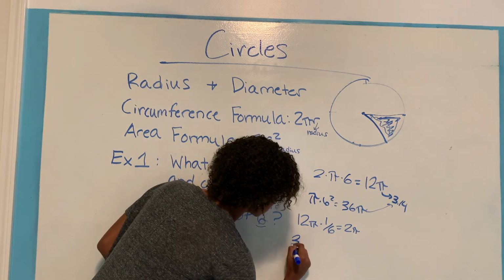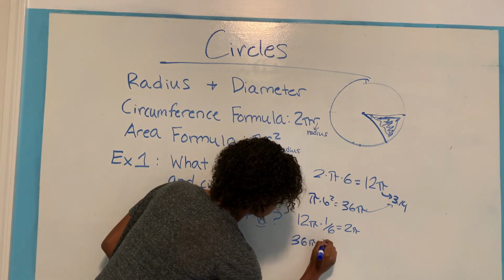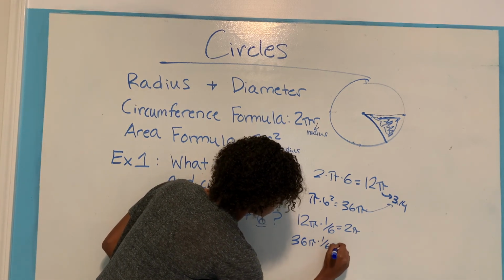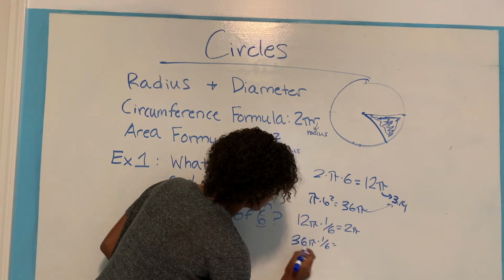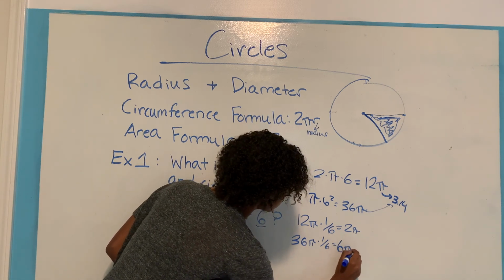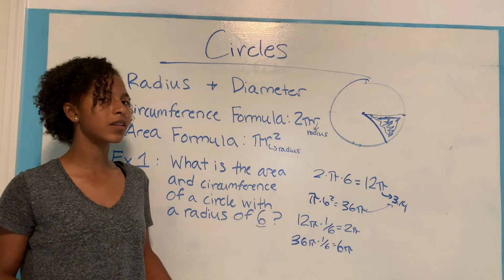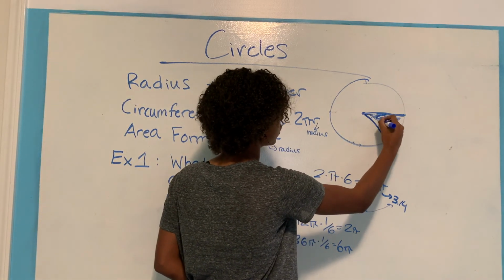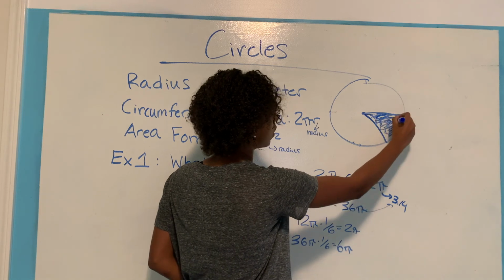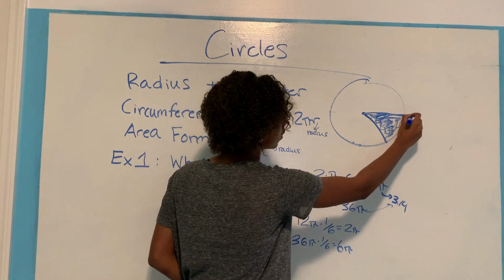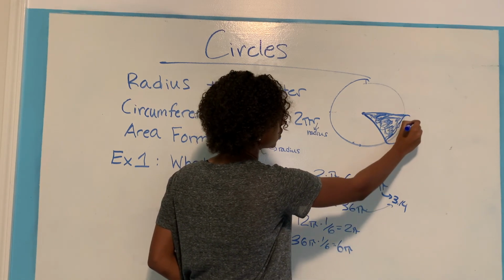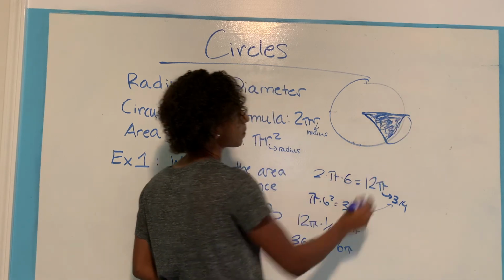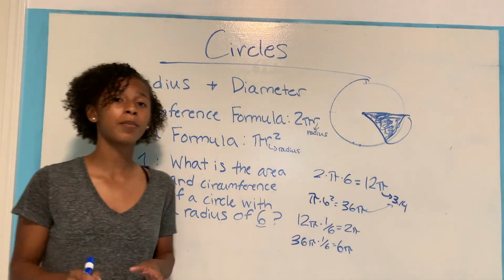It's just 36 pi times 1/6, and that's just going to get you 6 pi. Alright, so that's just when they want a chunk of that circle. In this case, they wanted the area, which would be all of that in there, and the circumference is just that way, right there.